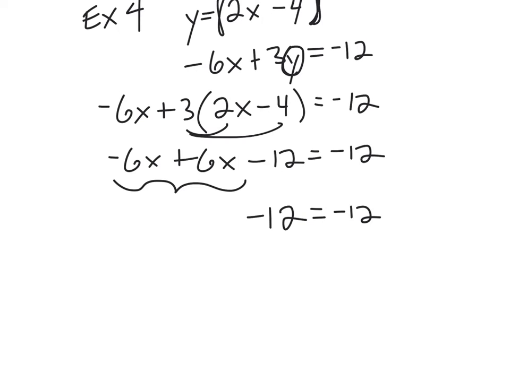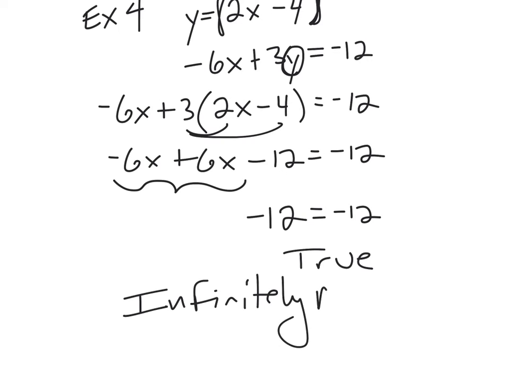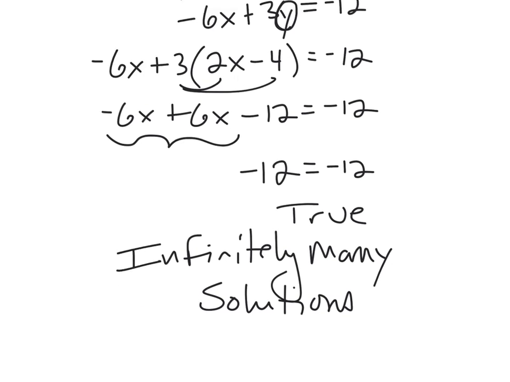So what I'm looking at here is negative 12 equal to negative 12? And of course, that answer is yes, this is indeed a true statement. And because it is a true statement, then what we wind up with is infinitely many solutions. Again, we can't quite use the phrase all real numbers. That implies something a little bit different.